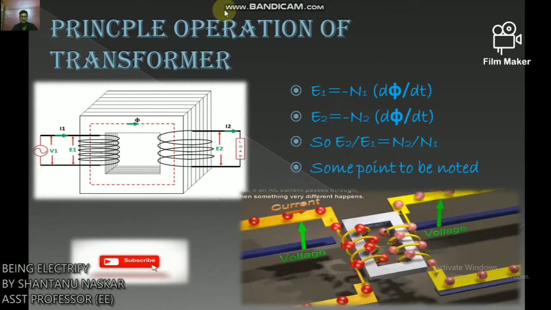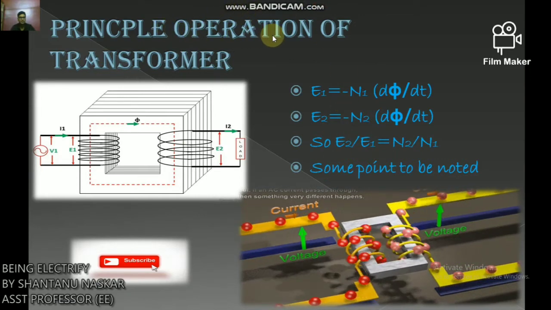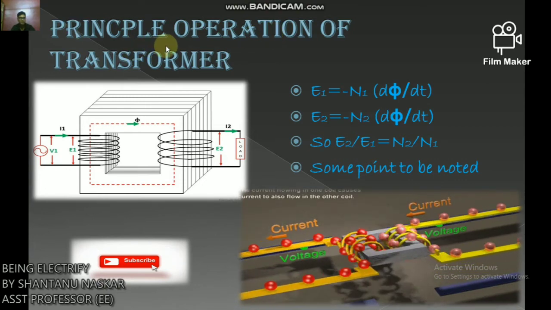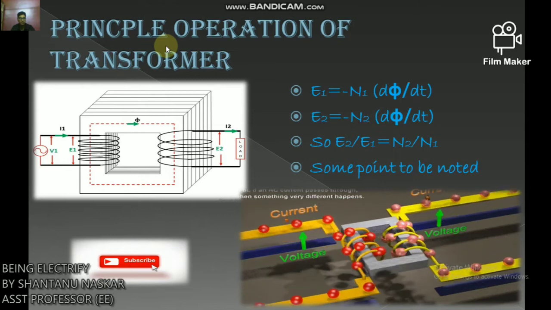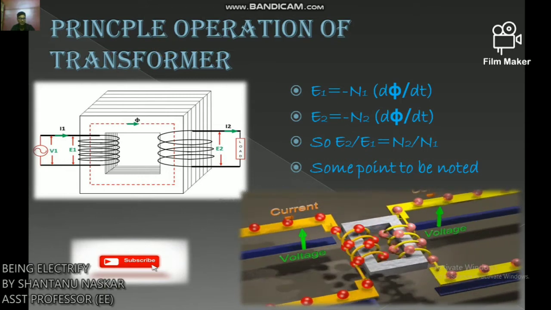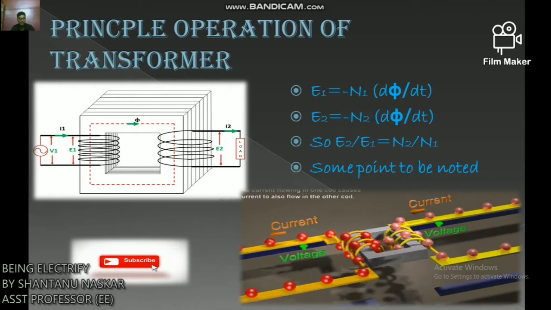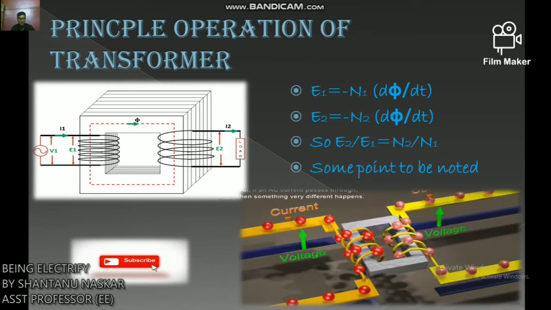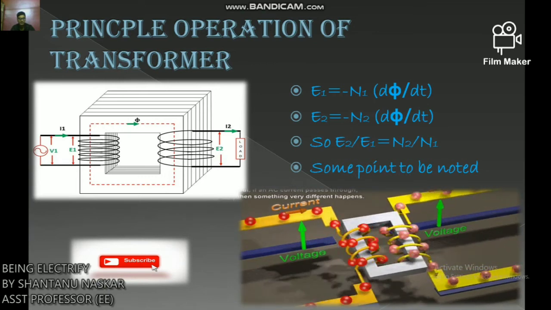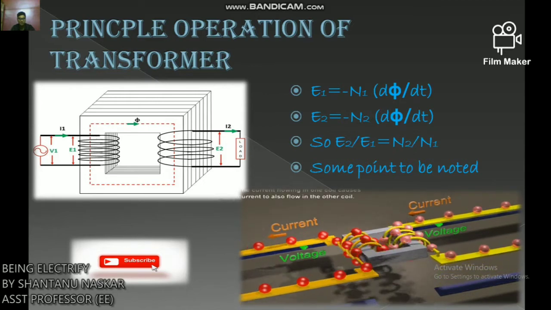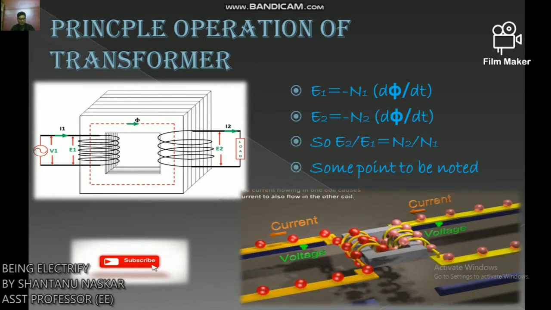Now we will discuss the principle of operation of a transformer. The transformer is probably one of the most useful electrical devices ever invented. It can change the magnitude of alternating voltage or current from one value to another. This useful property is mainly responsible for the widespread use of alternating current rather than direct current.